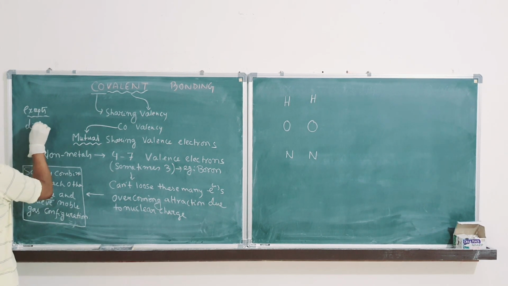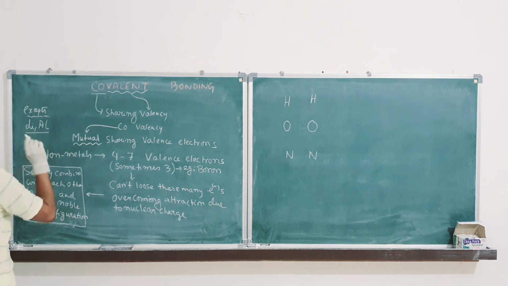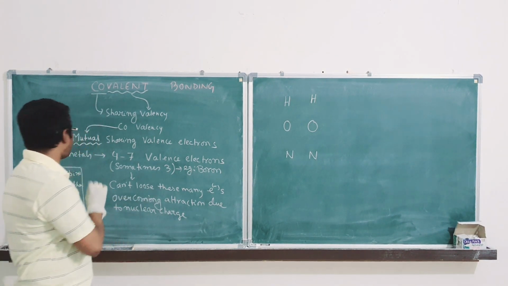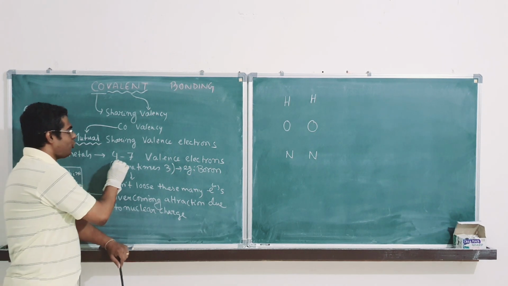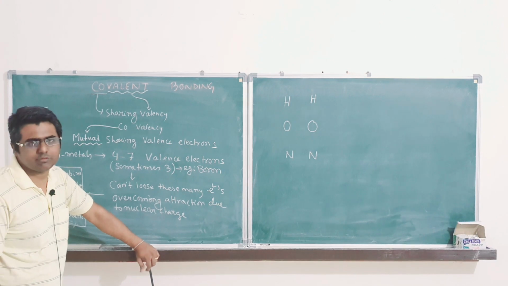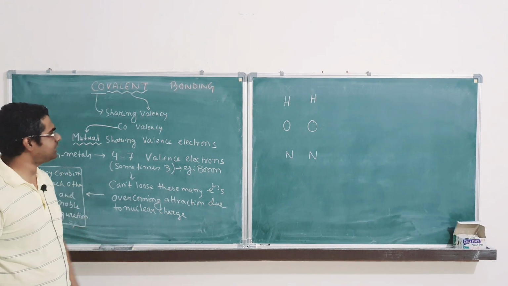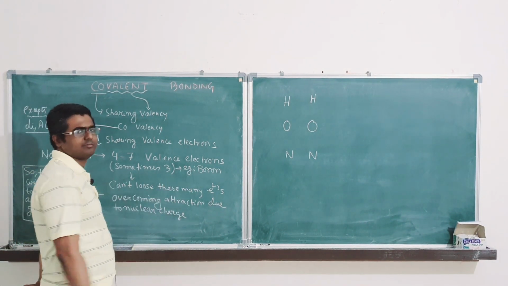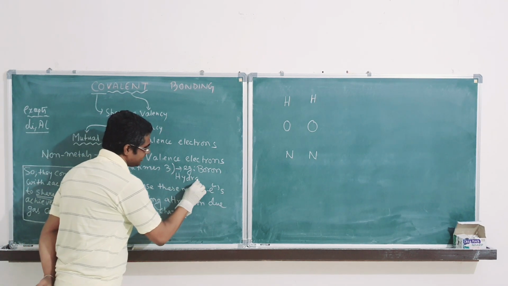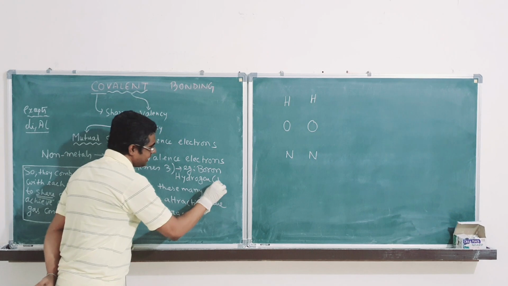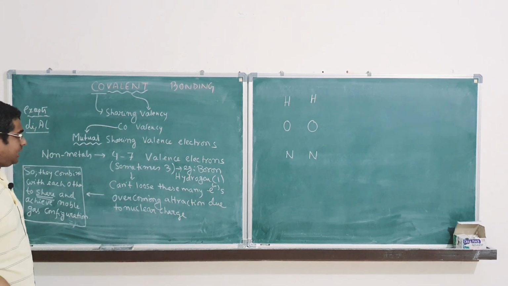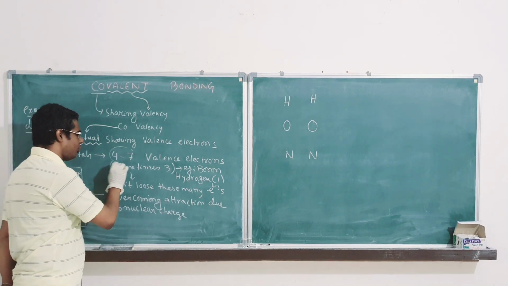Generally non-metals have 4 to 7 valence electrons in their valence shell, right? But again there are some exceptions, like boron has 3, and hydrogen has only 1 valence electron. But normally 4 to 7.